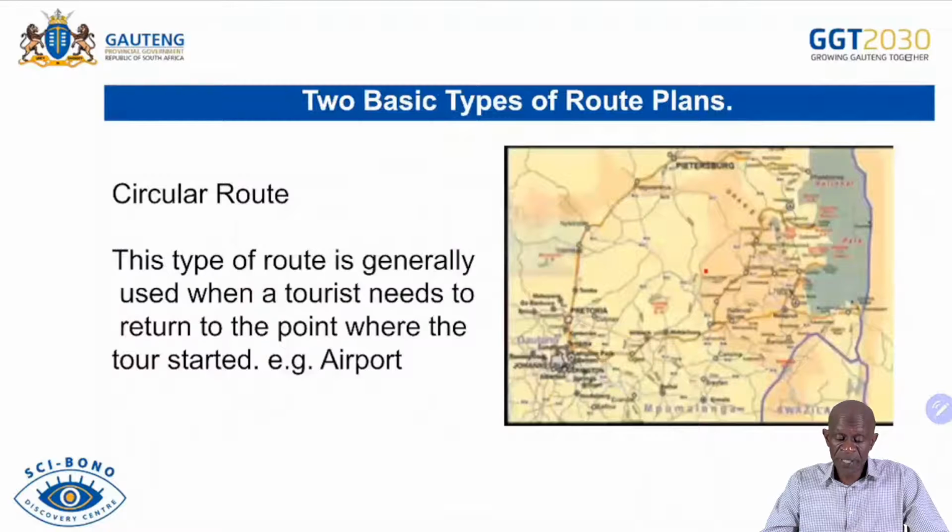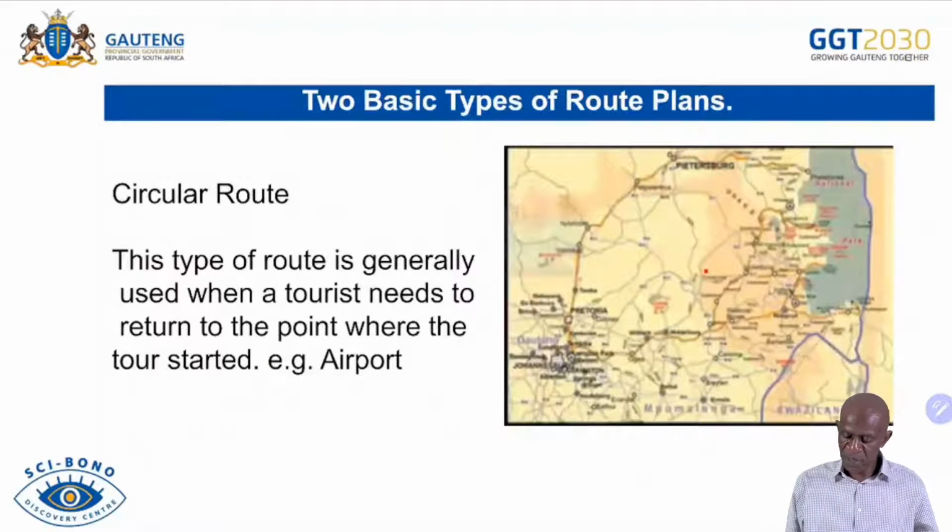A circular route is used by tourists only when they want to return to their point of departure. So normally a circular route is an option.